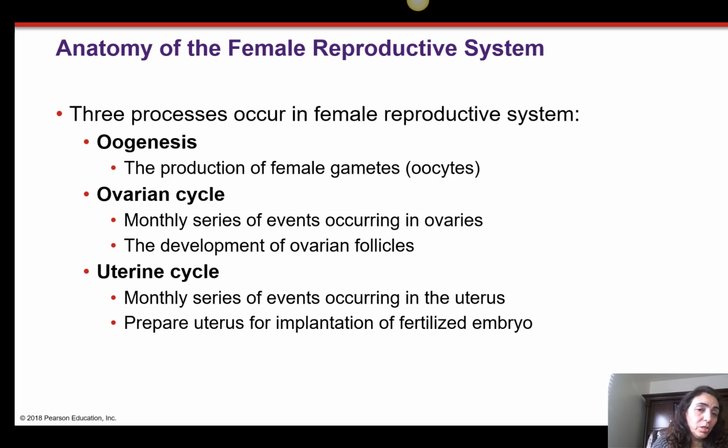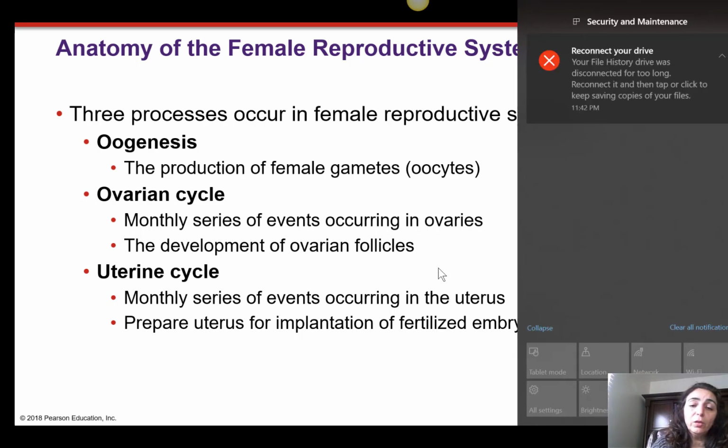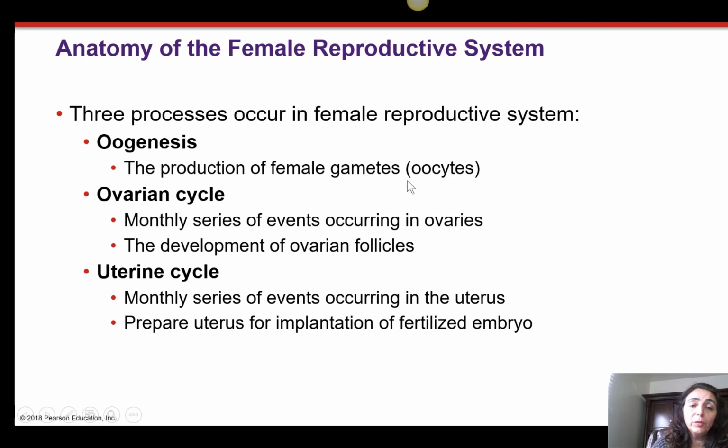Genesis means production, and oogenesis comes from oocytes, so the production of the female gametes, the oocytes, is called oogenesis, the same way that spermatogenesis was the production of sperm. So that's one process.